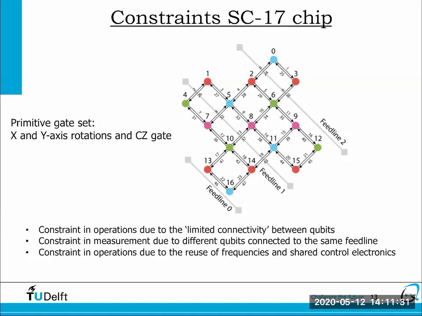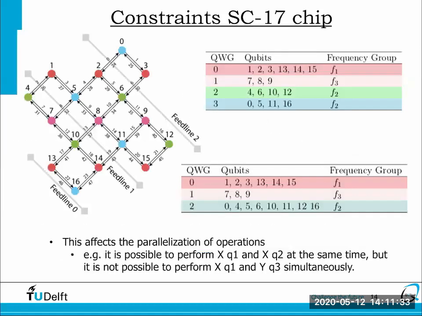Okay. Then the next constraint, as I say, is about the frequency and how those qubits are operated. For example, in this picture, in the table at the top, we use 3 frequencies: the red one, the pink one, and then I use the same frequency for the green and the blue qubits.